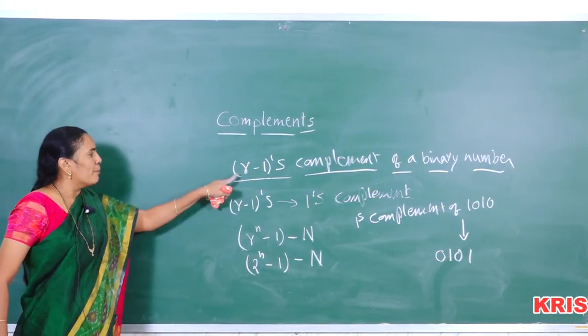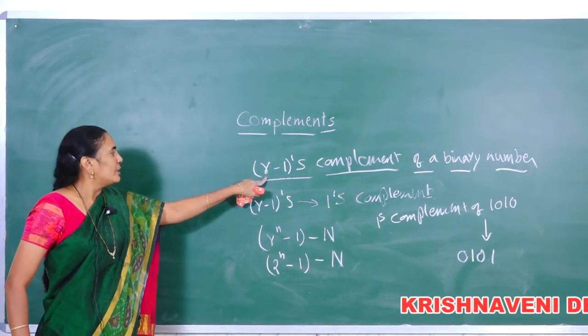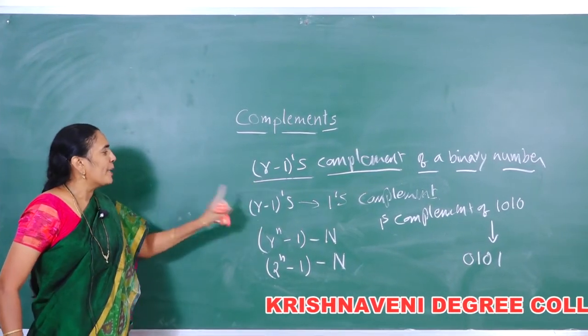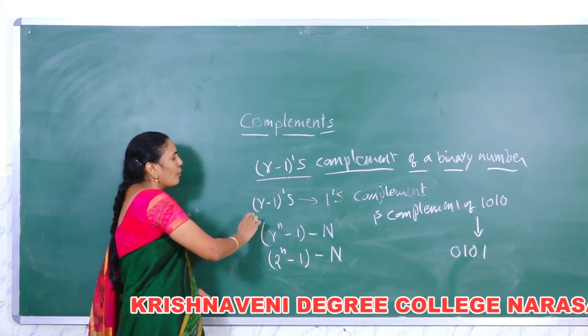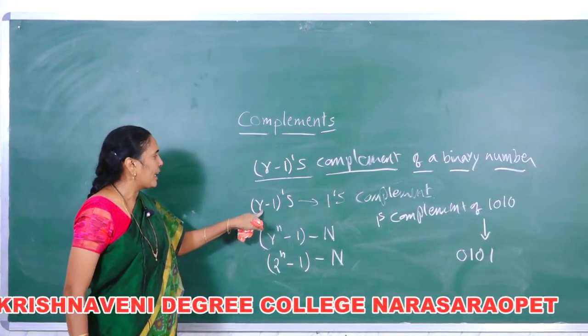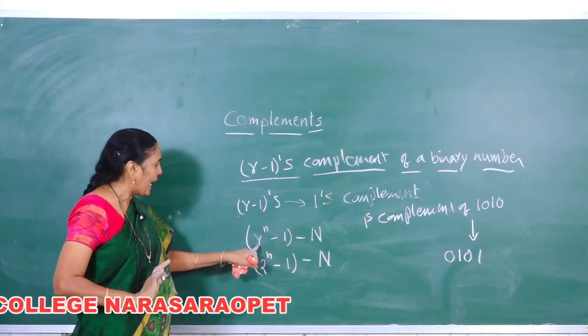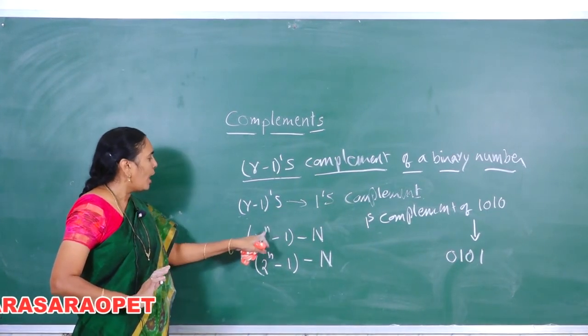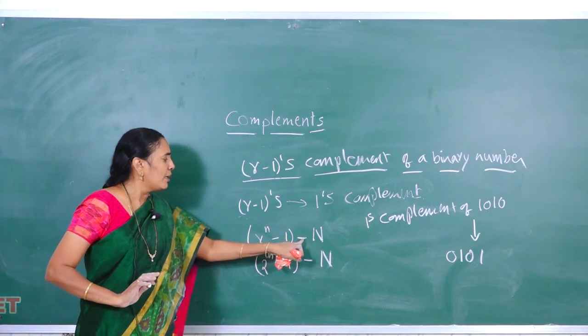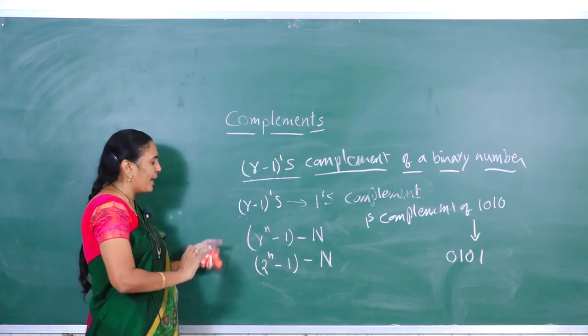So for a binary number, the base r is 2. Previously we have discussed that the r minus 1's complement of a decimal number is obtained using the formula r to the power of n minus 1 whole subtracted from the given number.